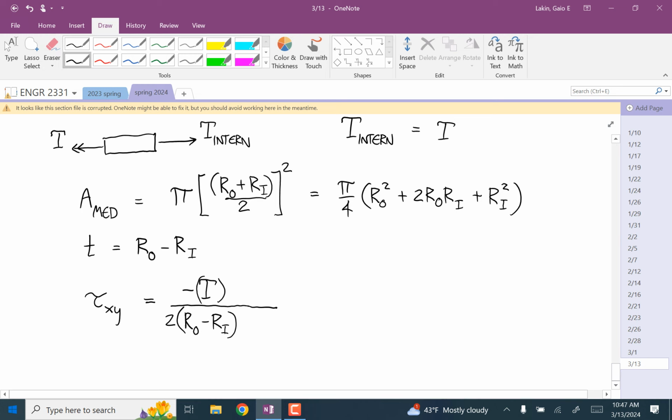So we get a 4 on top, and on the bottom we get a pi times the quantity r outer squared plus 2 r outer r inner plus r inner squared.